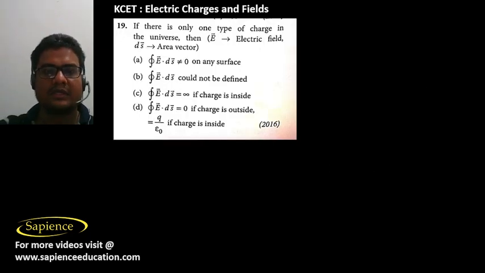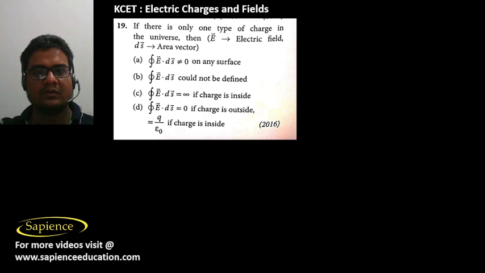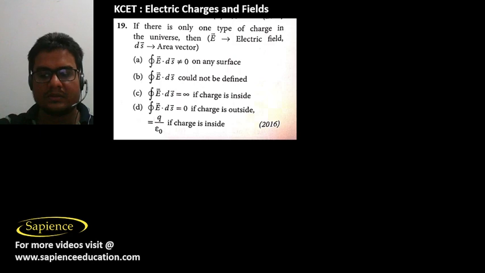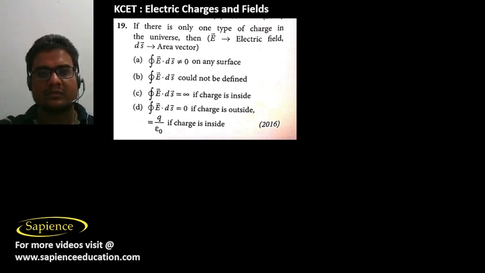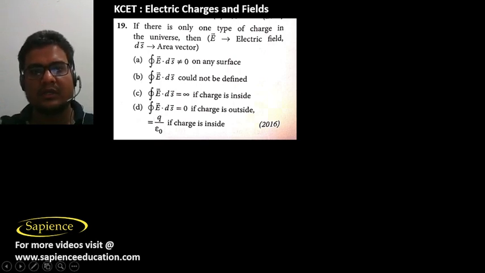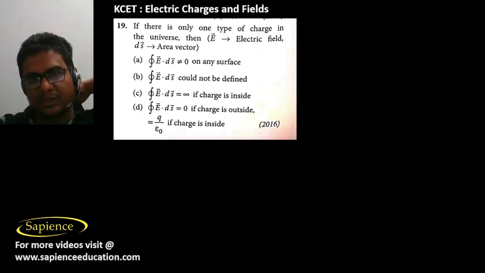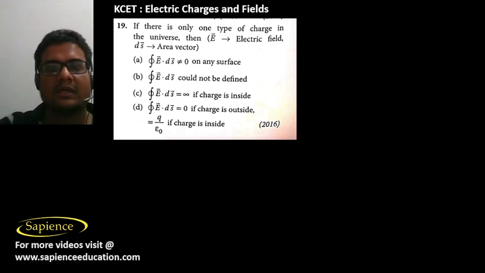Then question number 19: if there is only one type of charge in the universe, then E is the electric field and ds is the area vector. Option D is the correct answer.